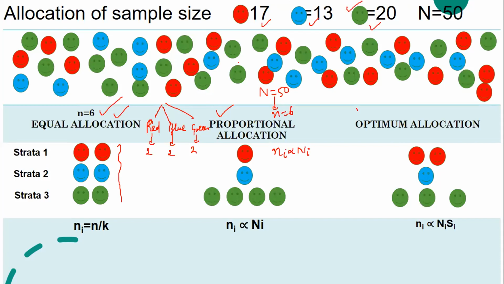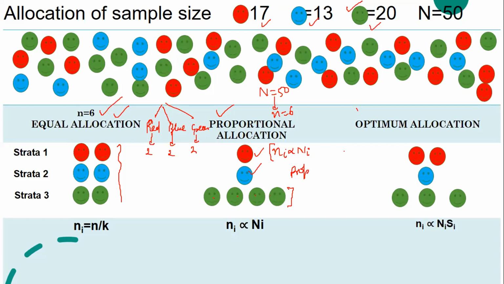So small n will be proportional to capital N, which means from green we will select the maximum samples. Suppose I have selected 4 from green, from blue 1, and from red 1. So that is called proportional allocation. On the proportion of the strata size, we will select the sample.